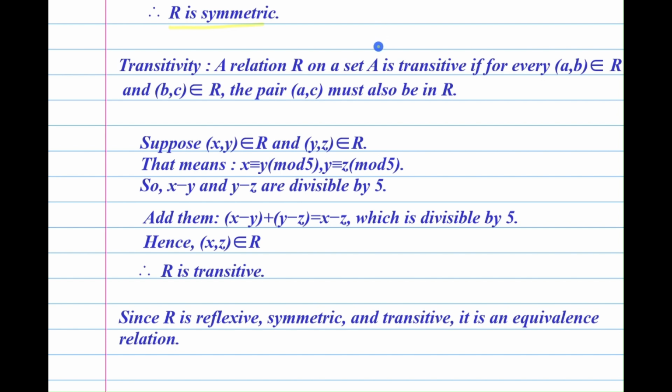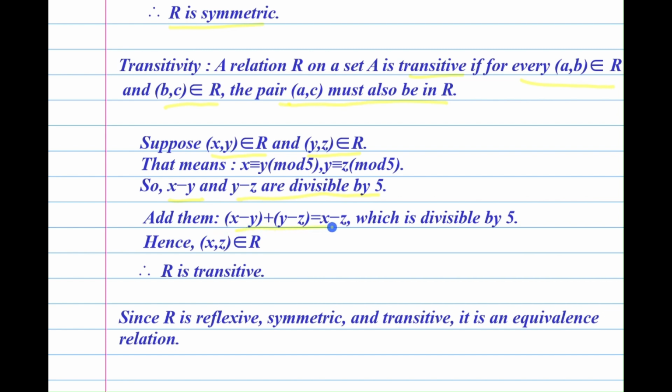Now a relation R on set A is transitive if for every (a, b) belonging to R and (b, c) belonging to R, the pair (a, c) also belongs to R. Suppose (x, y) belongs to R and (y, z) belongs to R. That means x minus y and y minus z are divisible by 5.